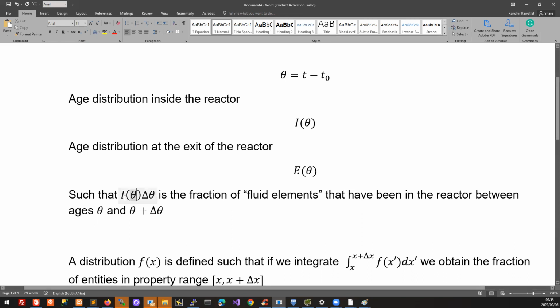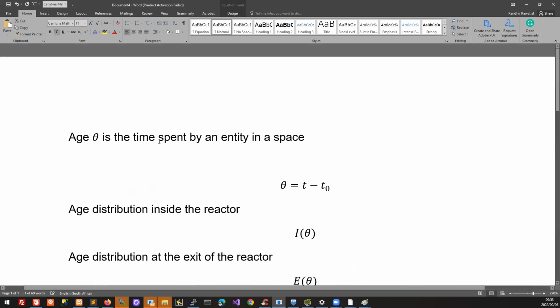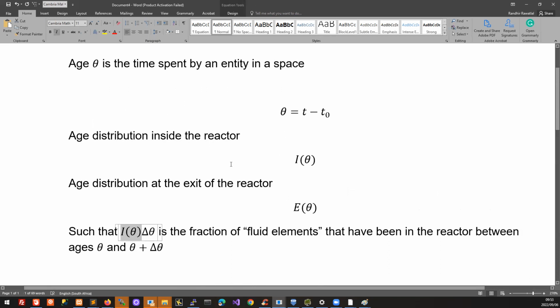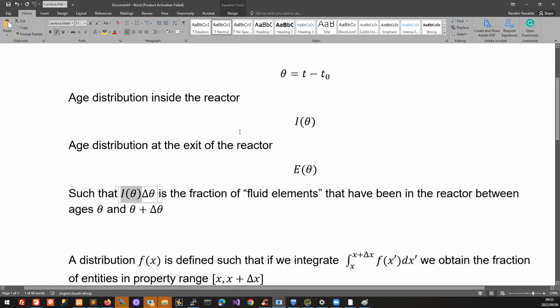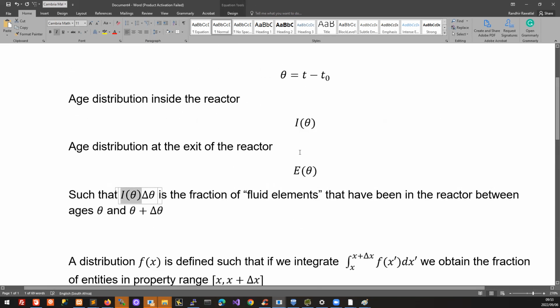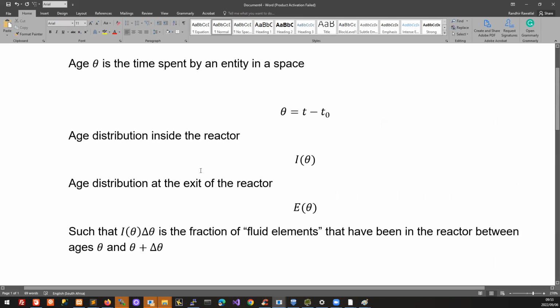So it's an implicit definition. We can just call it an age distribution, but in terms of getting values out of it, we always have to operate on it to get something like the fraction of things that are in the reactor. It's always over a certain age range, right? So that was a little excursion into distributions.